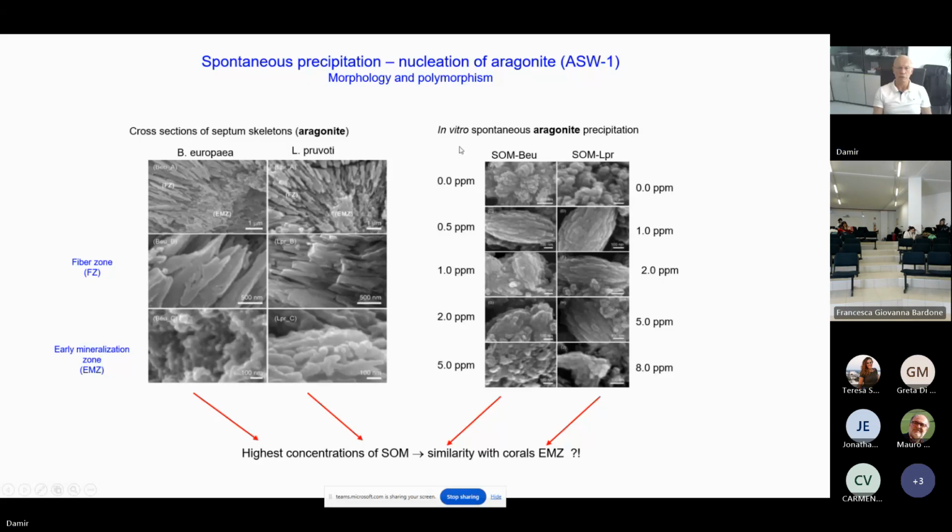We resembled these conditions by introducing different concentrations of organic matter, and what we found after the highest addition is that this morphology closely resembles the morphology that can be found in the coral mineralization zone.